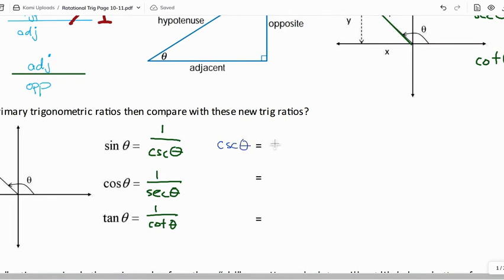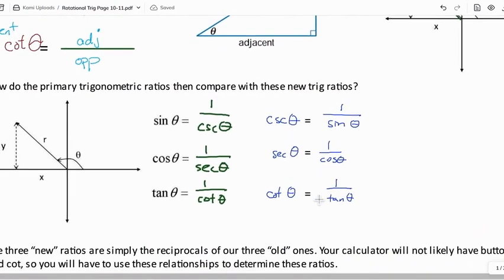How would I express cosecant in terms of sine? Well, I would say it's the reciprocal of sine. If I want to express secant in terms of cosine, it's the reciprocal of cosine theta. And cotangent is the reciprocal of tan theta. Got it? That's our little summary table.